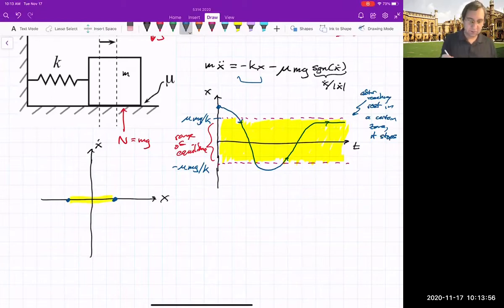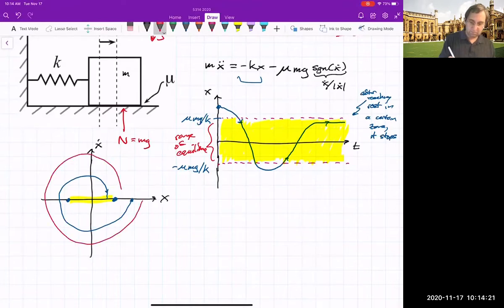So if we start somewhere, like here, and then follow this around, at some point it'll just sort of run into that and it'll stop. So we'll have oscillations that go for a while and then stop.